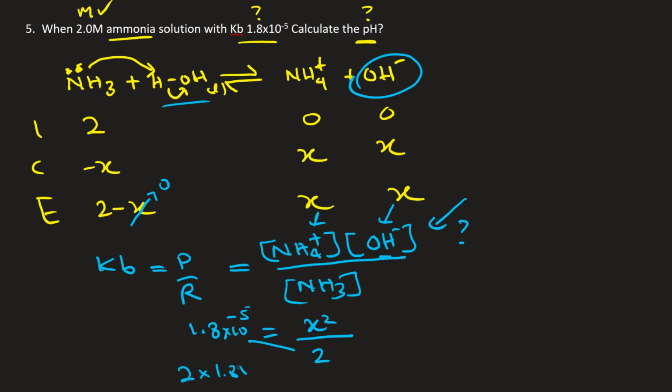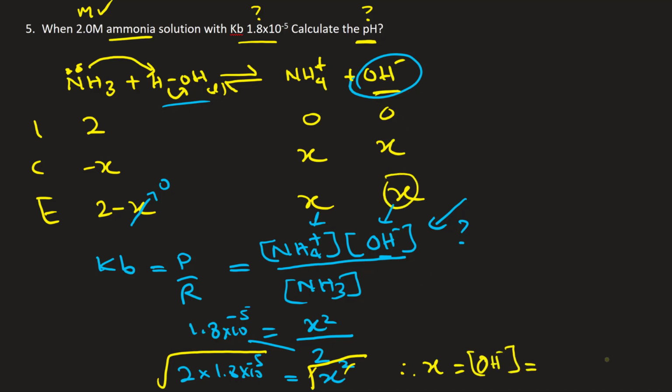Plug in the Kb because we wrote the Kb already. There is OH, make sure, and then cross multiplication here, you get 2 times 1.8 times 10 to the minus 5 equals X squared. Take the root of both sides, you get X. Now the magic still, the X is actually OH minus, right? So now let's get this value calculated first.